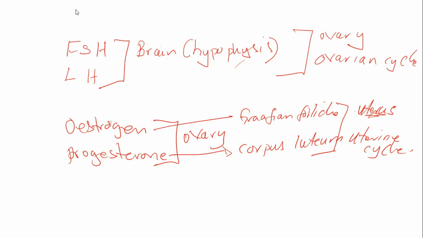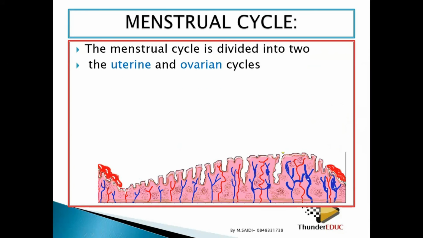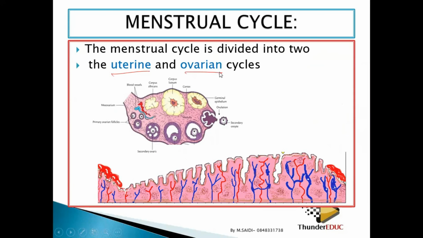So now if we go back here and we see the ovarian cycle or the menstrual cycle, we shall see that the menstrual cycle is divided into 2. As we said, the uterine cycle means that this occurs in the uterus, and this occurs in the ovary. We saw this structure, the development from day 0 to day 28.